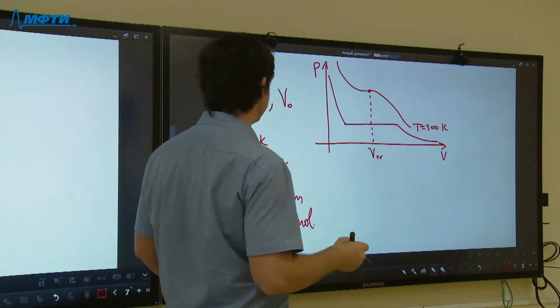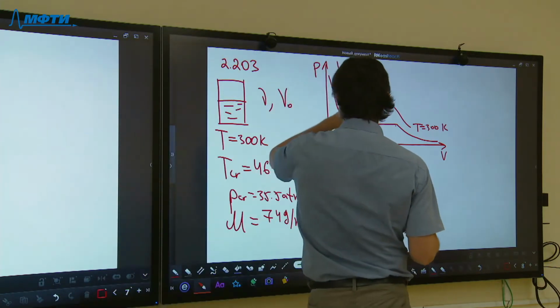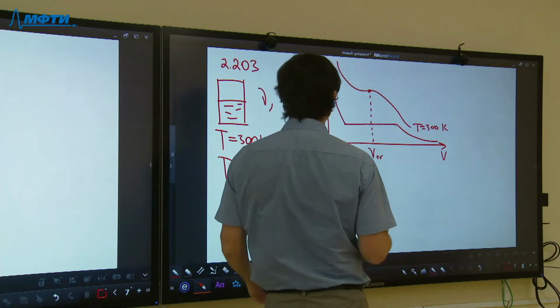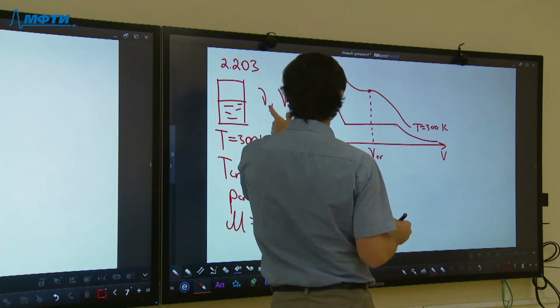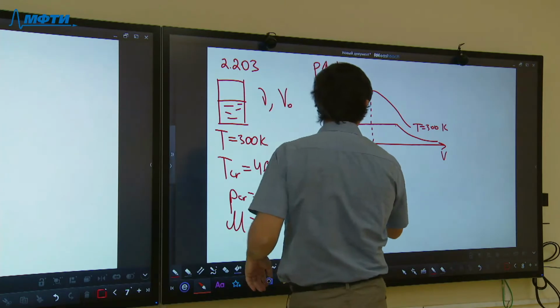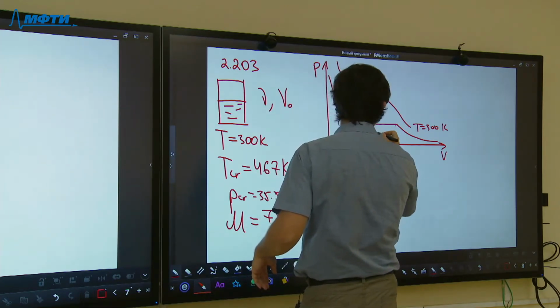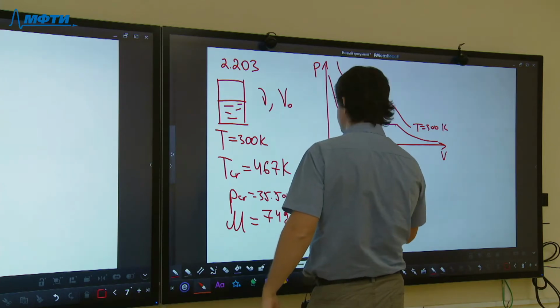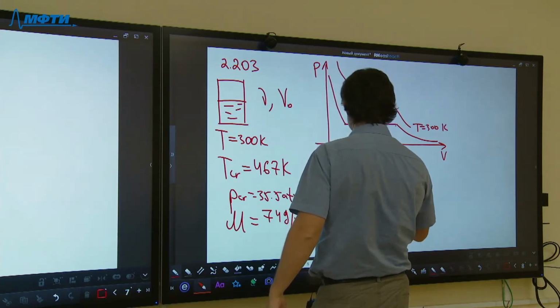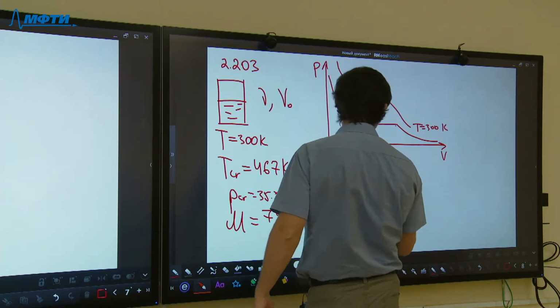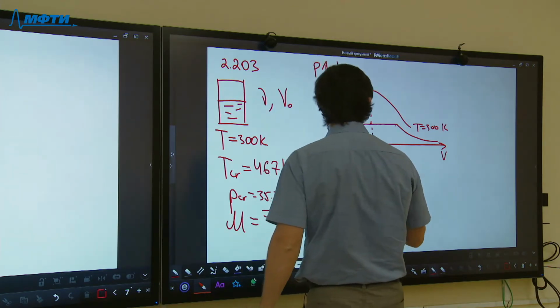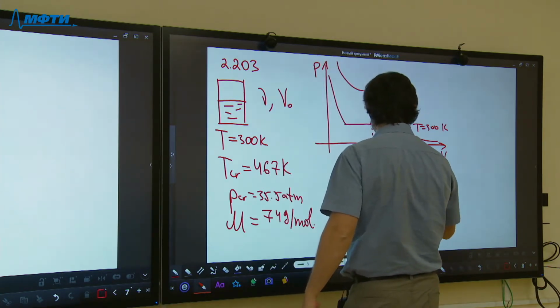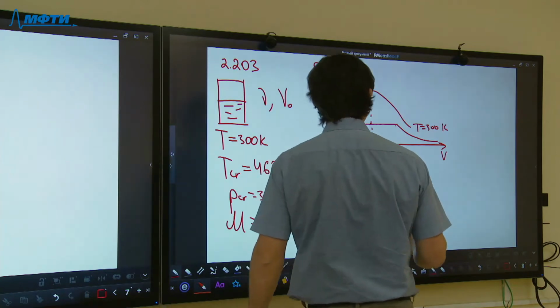But in order to pass into the critical point, these two quantities should be connected. So if I increase the temperature but the volume remains constant, that means that the volume of the vessel should be equal to the amount of ether inside the vessel multiplied by the critical volume of the ether.